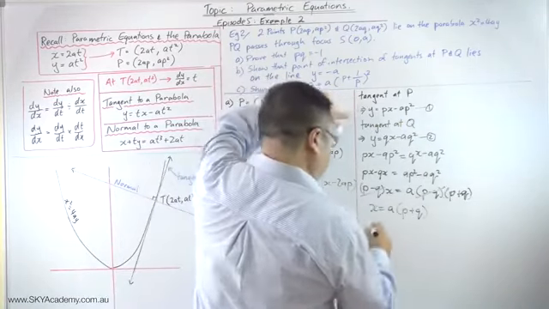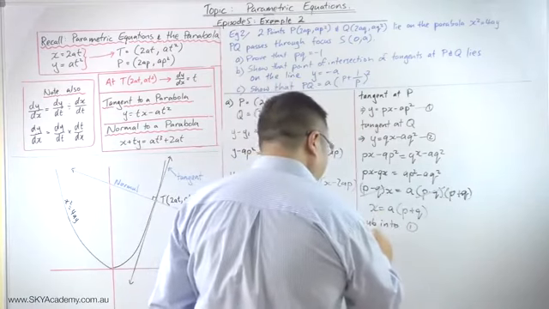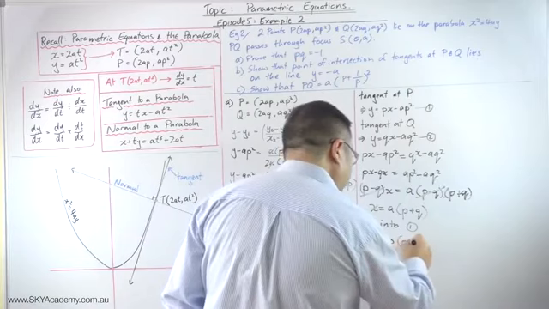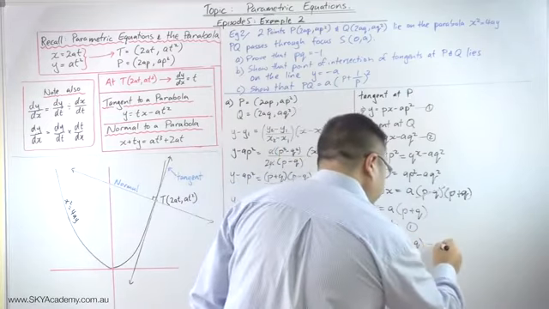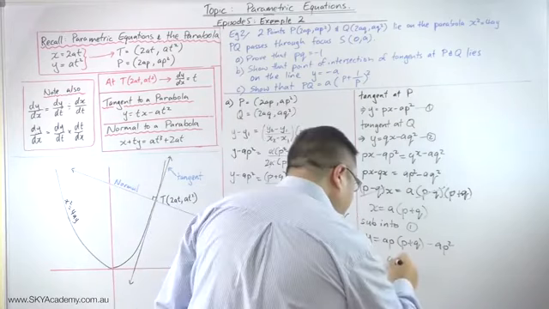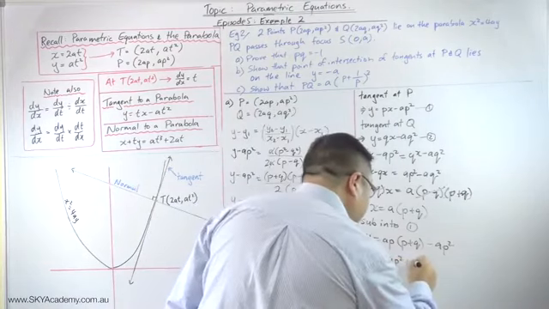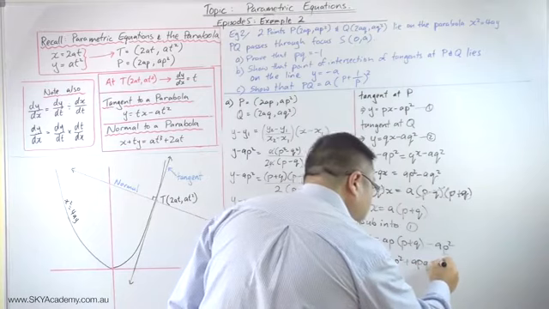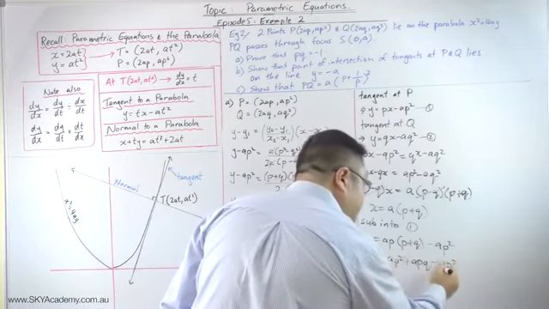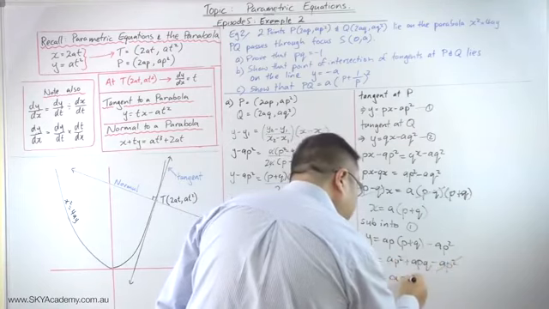So let's substitute into equation 1, and you should get y = ap(p + q) - ap squared. y = ap squared + apq - ap squared. y is equal to, that cancels with that, which leaves you with apq.